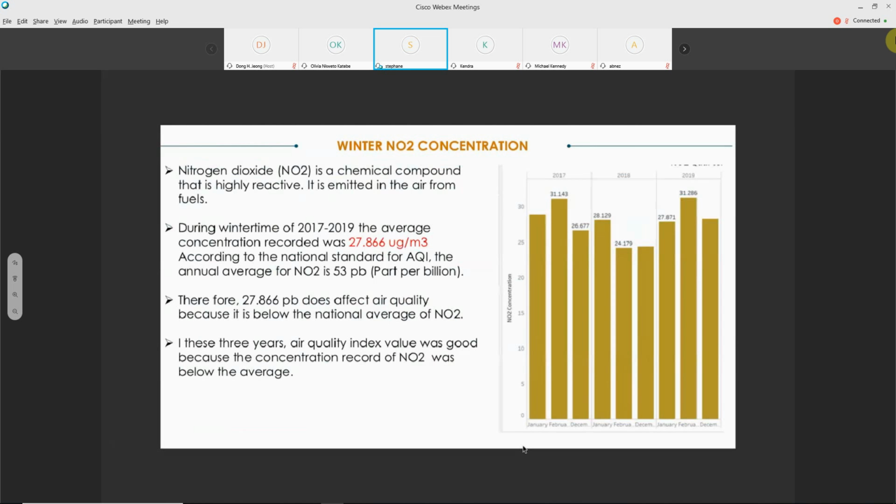Therefore, 27.886 ppb does not affect air quality because it is below the national average of NO2. In these 3 years, air quality index value was good because the concentration recorded of NO2 was below the average.